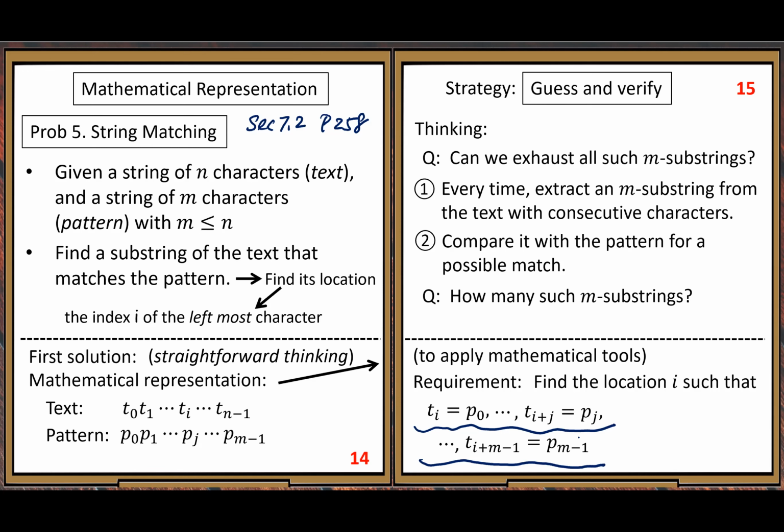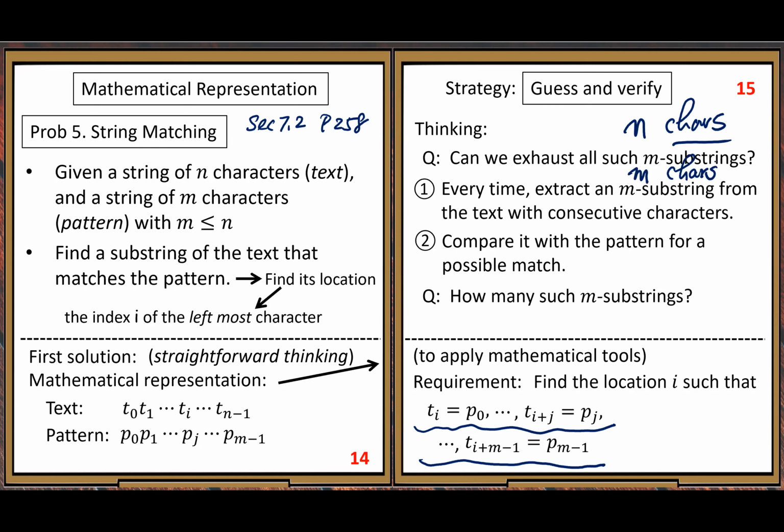But here, let's answer this question: how many such M substrings can we find in the given text? Given text, remember, has N characters, and the M substring has M characters.